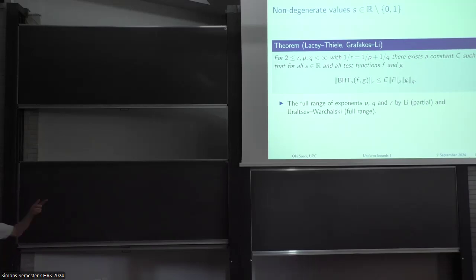And okay, maybe I should still mention, if you don't look at uniform bounds, so you just take one S and you would like to ask where can I go, then this R, I think it's known down to 2/3 or something like that. And that limit is somehow going out of the Banach space range.